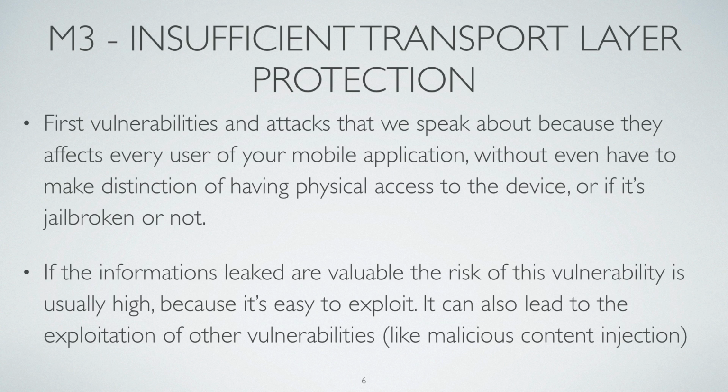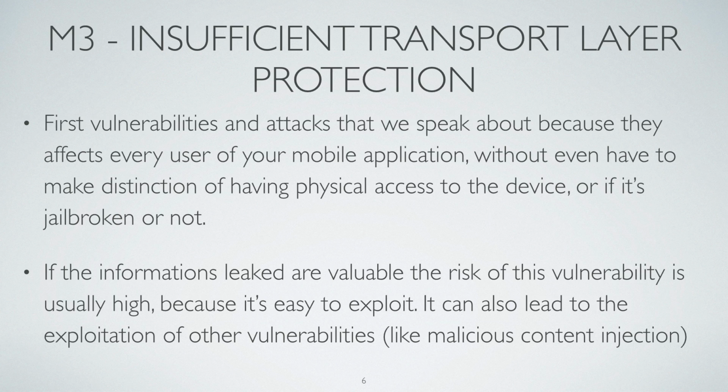The first vulnerability that we see today is the insufficient protection of data in transit. This error is made when you don't take enough protection on your network traffic, and so an attacker can in a way or another intercept it, and this can lead to vulnerabilities.